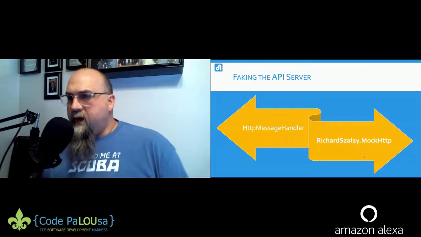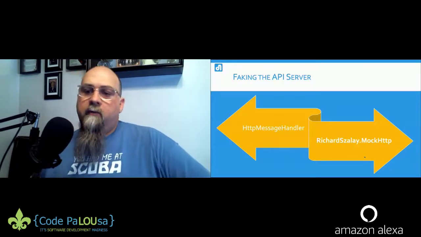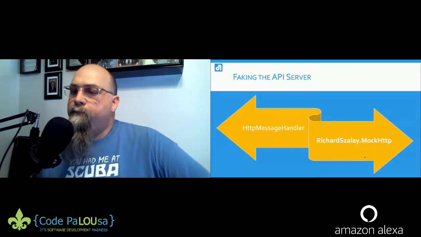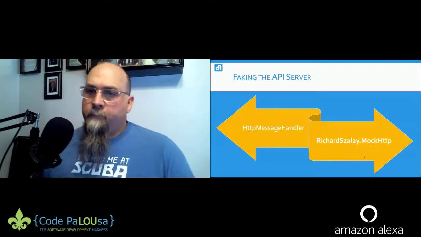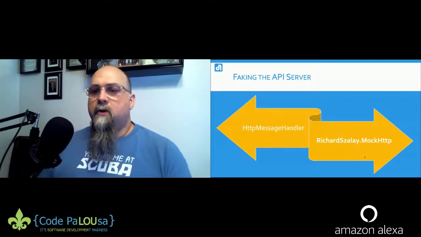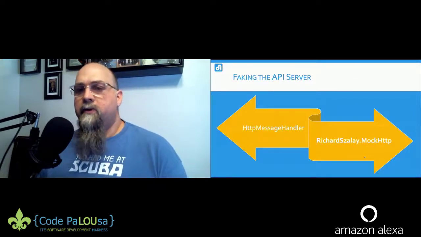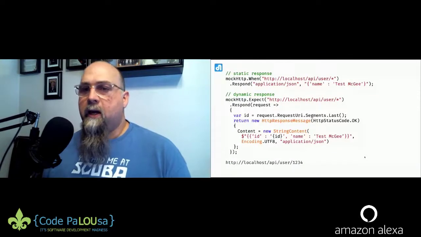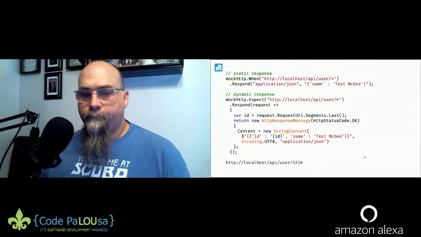So here's a little bit of an example of how it works and what it does. Basically what's happening here is we can set up a couple things. This first line here, we're setting up a static response on it.